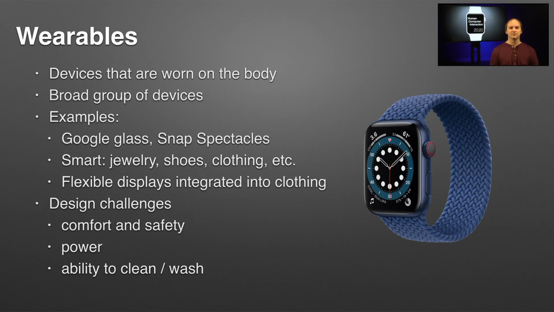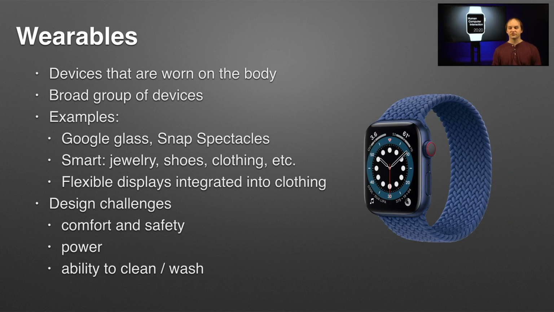Related to this, wearables are another interface category. The most common one we think of is a smartwatch or a fitness band, but it's a big group of devices. The Google Glass device is technically wearable. Snapchat's Spectacles, their glasses with cameras, those are wearables. We see things like smart jewelry, smart rings.